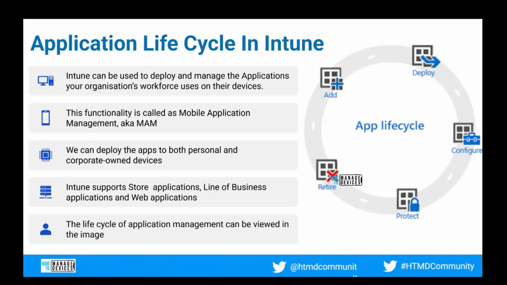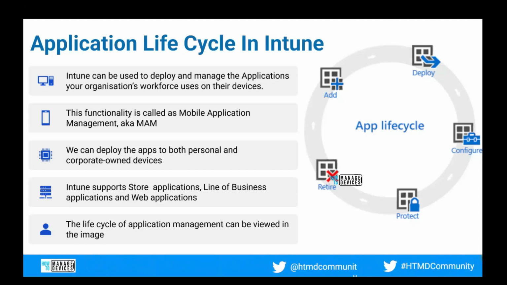Now, let's see what the application lifecycle is. Basically, the lifecycle consists of 5 stages: addition of the application, then deploying and configuring the application, protecting the application, and once the application is no more in use, we will retire it. In addition, you will upload the corporate application or add the public application to Intune, and then you will deploy it by assigning the application to user groups.